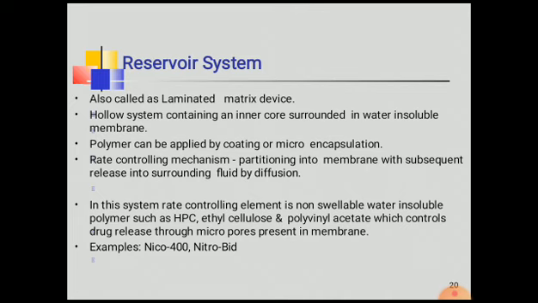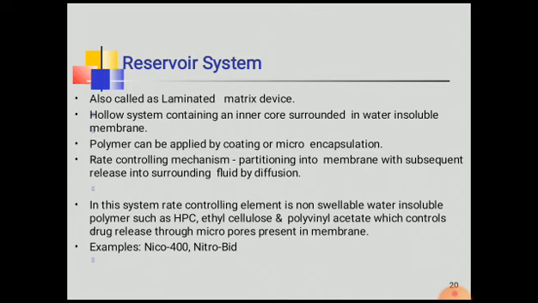That is the lamination, the coating we are doing. How much coating we are doing, what thickness and what concentration there will be, depends on these factors. We can judge the rate control.